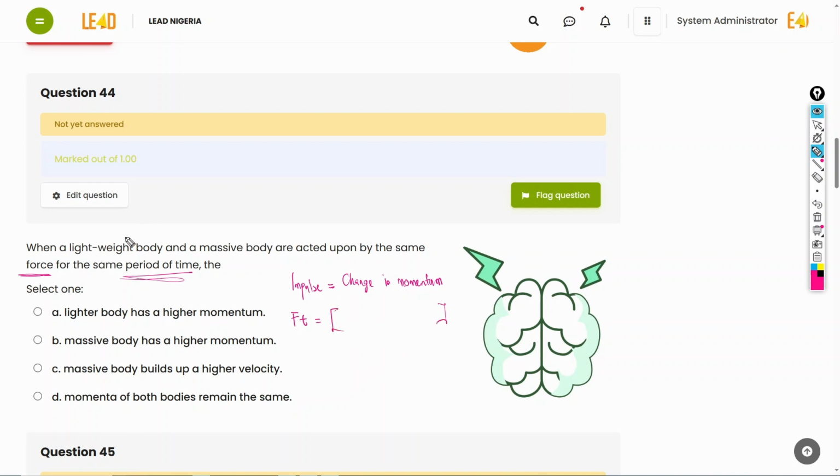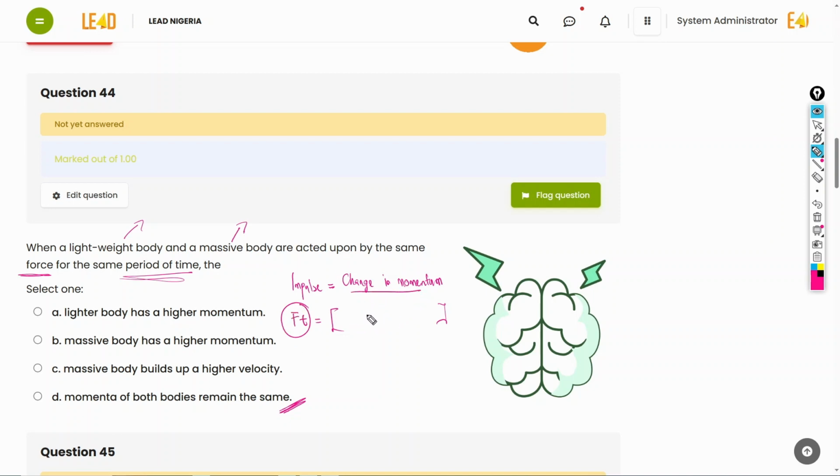If I assume that they both have the same initial momentum, then both of them would remain the same. Yes, both of them will have the same momentum at the end of the whole thing, because they have the same impulse, so they will have the same change in momentum.